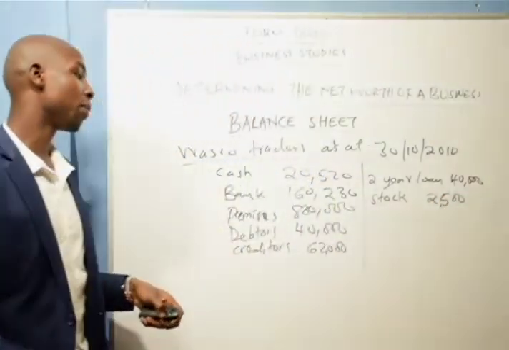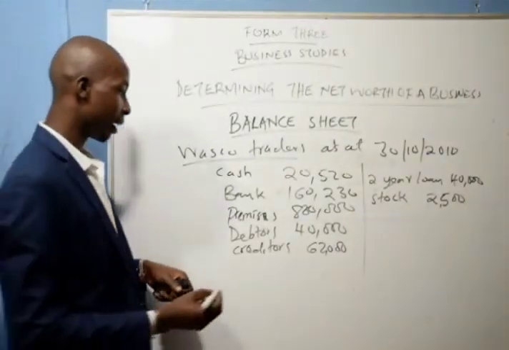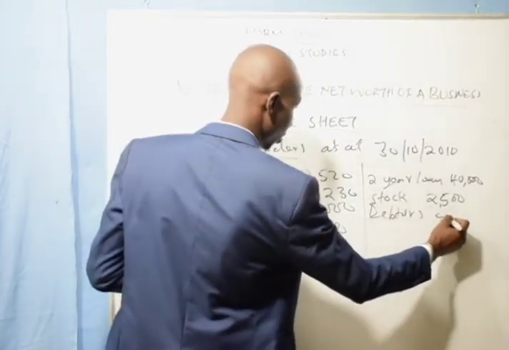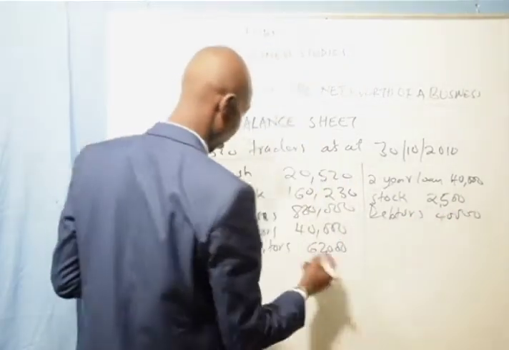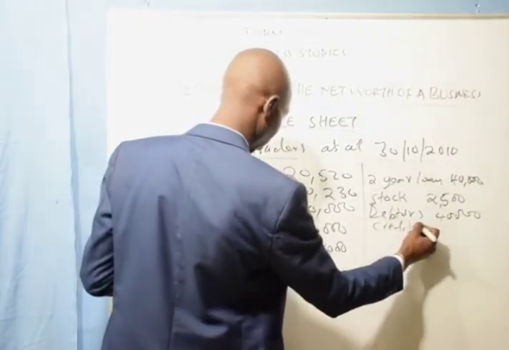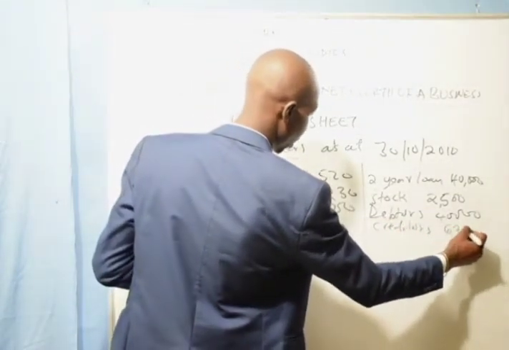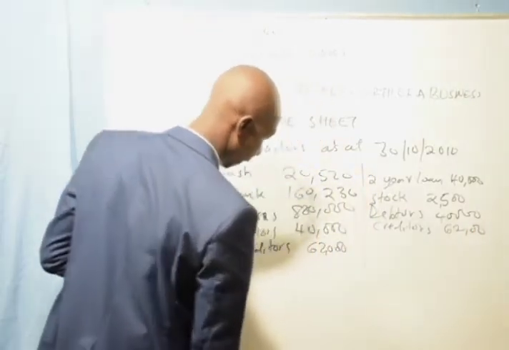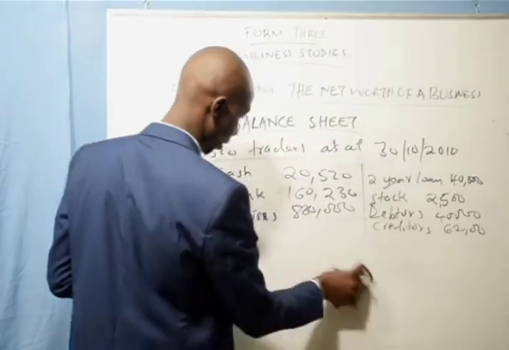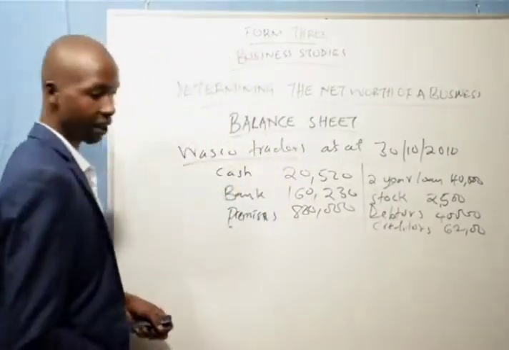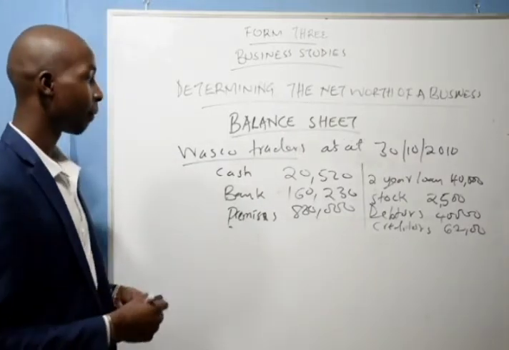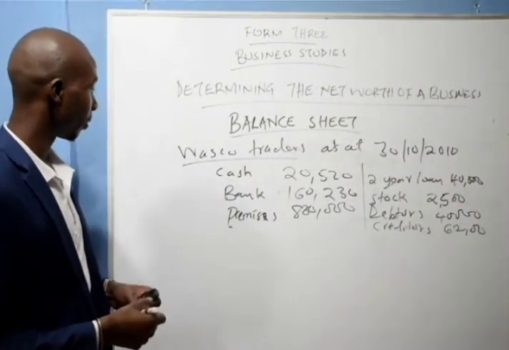So I'm required to prepare a balance sheet. I've just transferred creditors, 62,000, to this other side for the purposes of using this space. The solution is as follows.